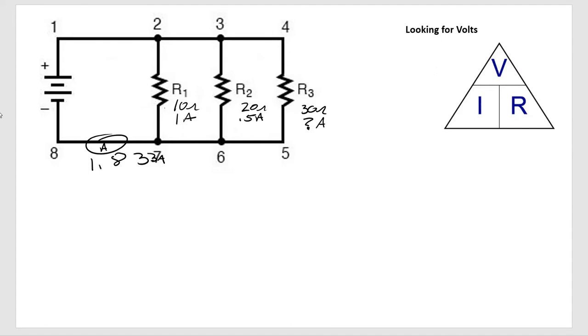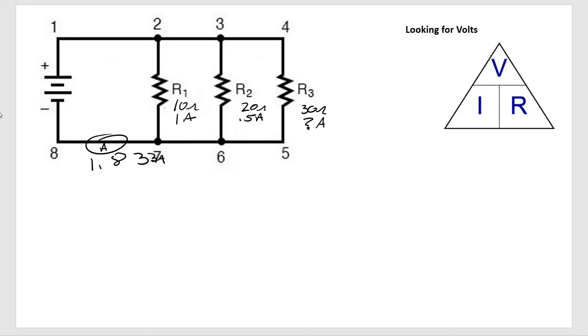Could I find voltage? I could find voltage a couple ways. I could 1 over x all these, and have my resistance total and multiply it by my amps, and that would give me my volts.